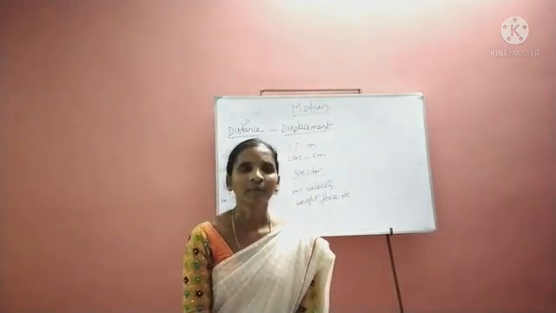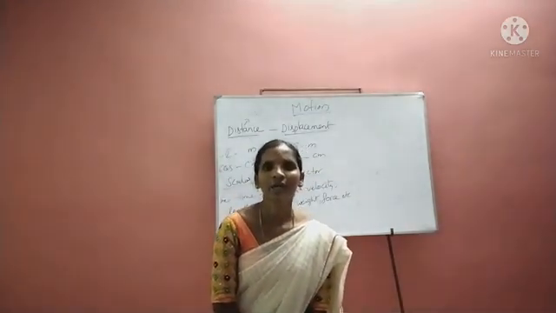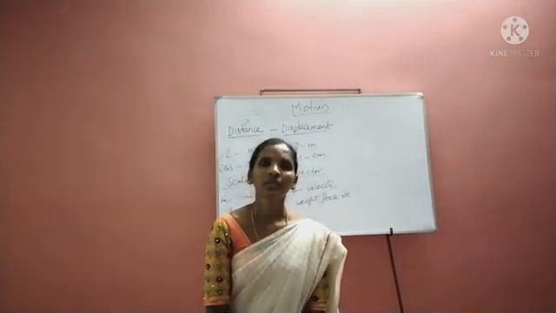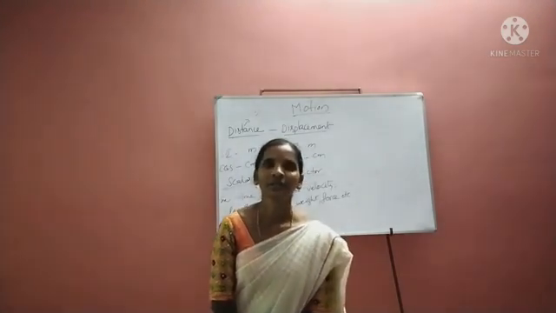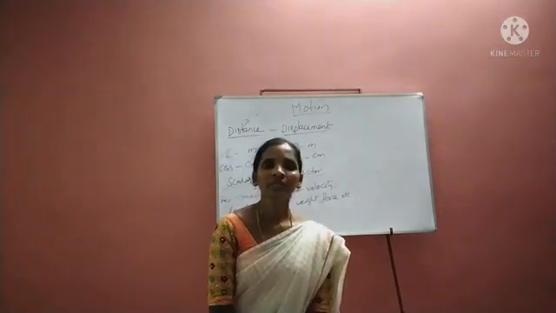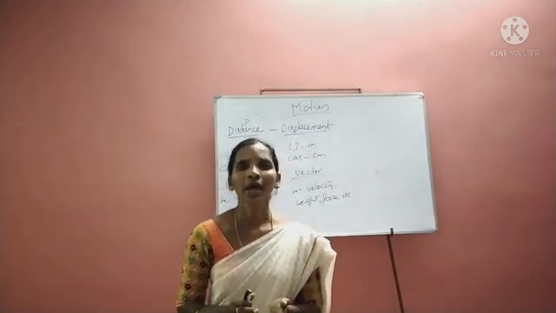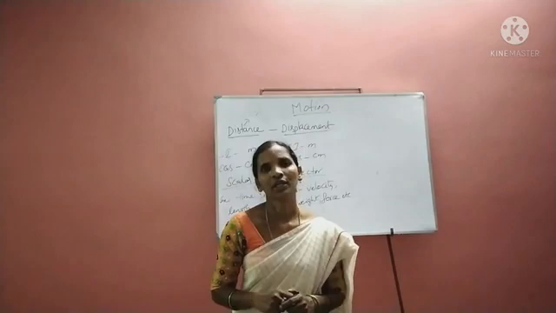Distance is the length of the path travelled by an object in a given time interval. Displacement is the shortest distance covered by an object in a specified direction.